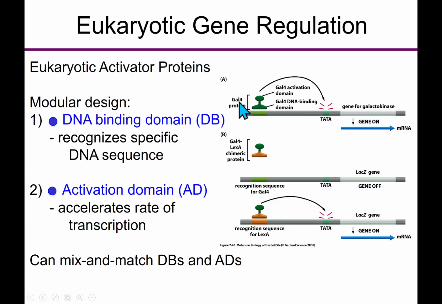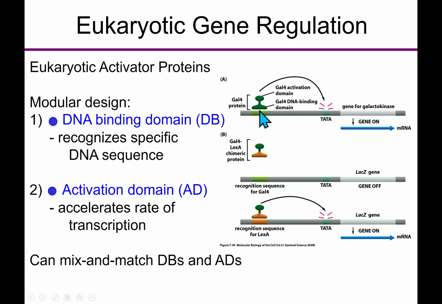So let's look at an example up here. Here is our Gal4 protein. So Gal4 protein, that's a typical eukaryotic activator protein. And so if it's a typical eukaryotic activator protein, you know it's got a DNA binding domain shown for you down here. It's got an activation domain shown for you up here. Now what happens is the Gal4 protein is going to recognize a specific sequence, right? Because it's got a specific DNA binding domain.